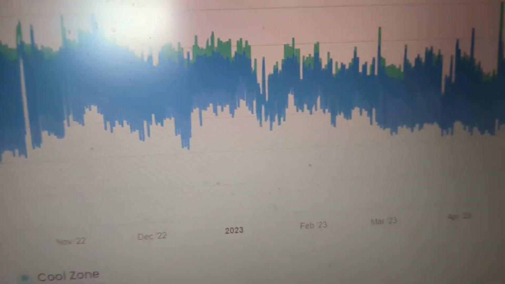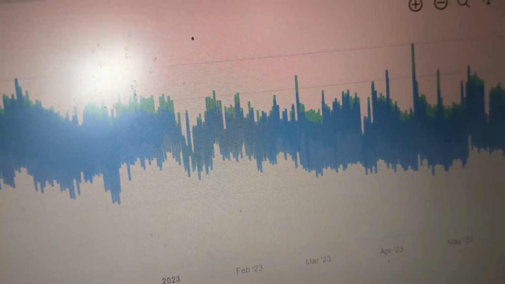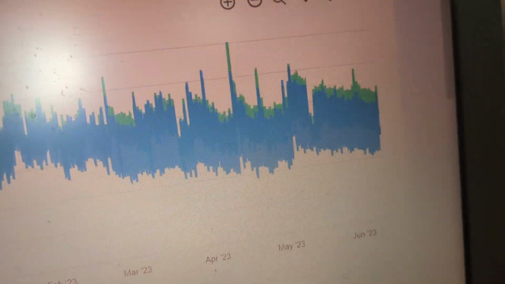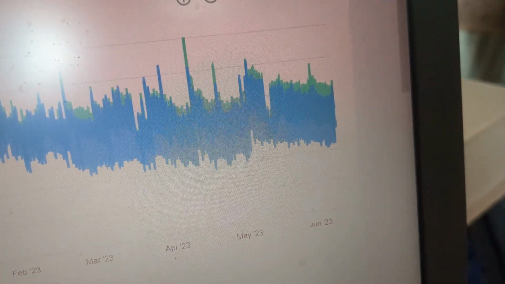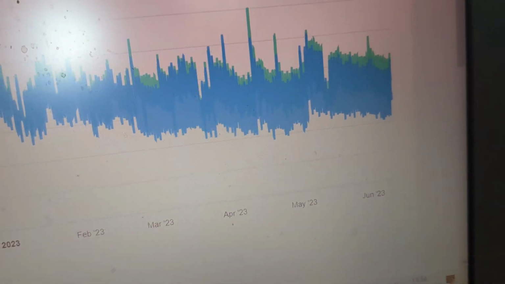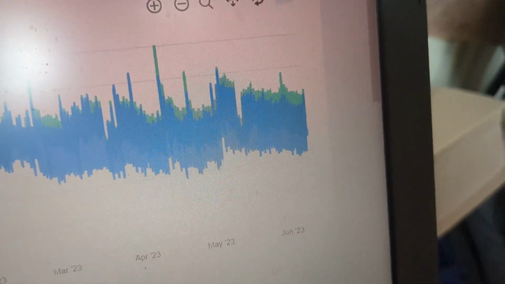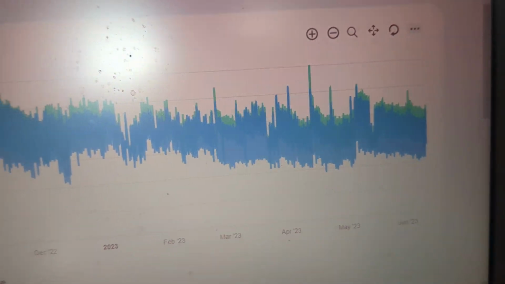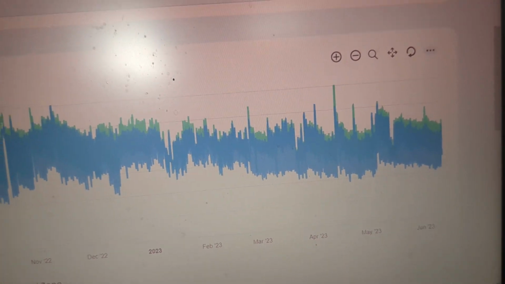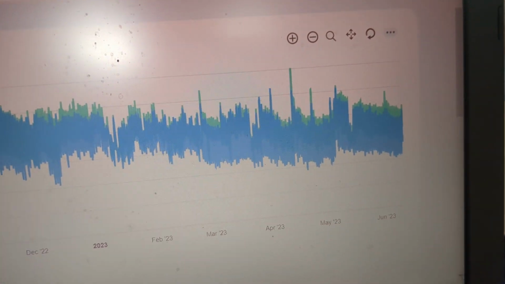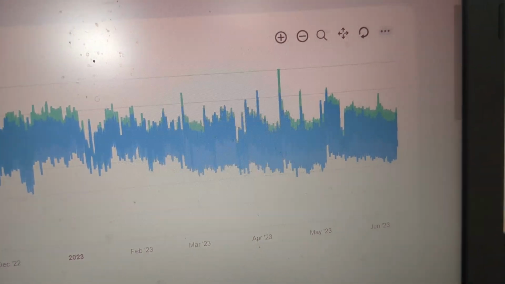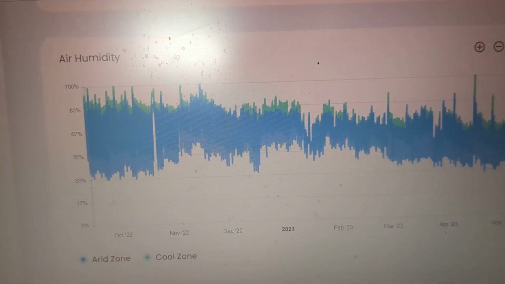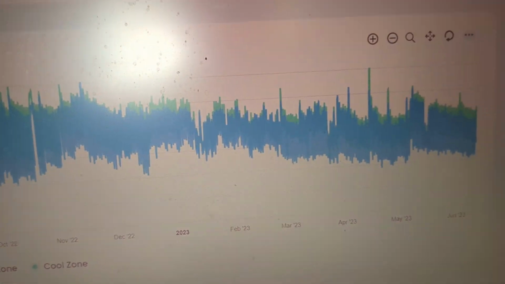And then in the winter time, the humidity kind of increased a bit, and then has sort of steadied off again as the seasons progress. Basically the climate in the wild is long dry summers and short temperate winters, and it's kind of looking like that when we look at these graphs as well, these charts.